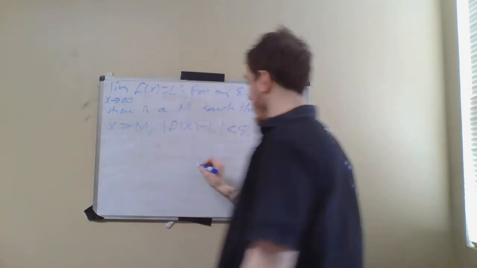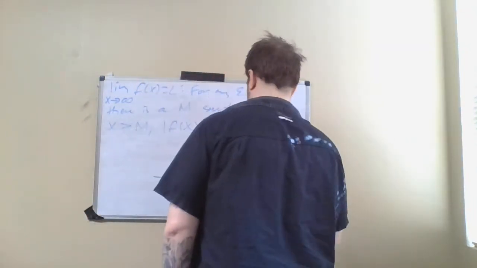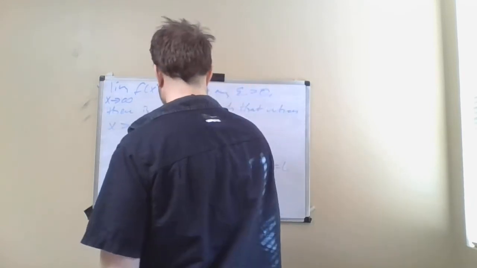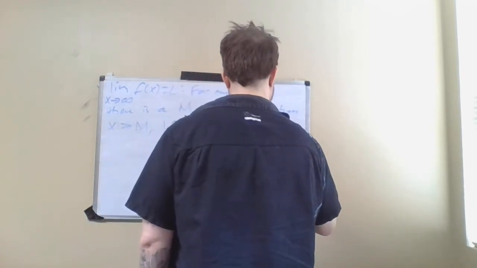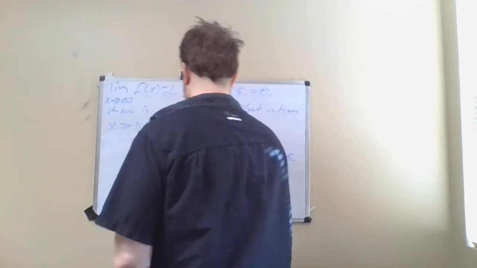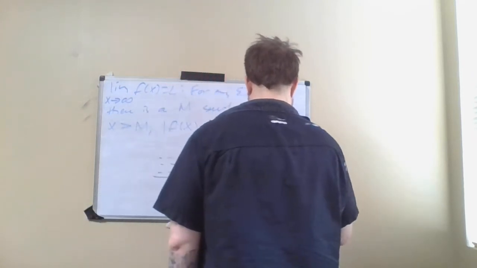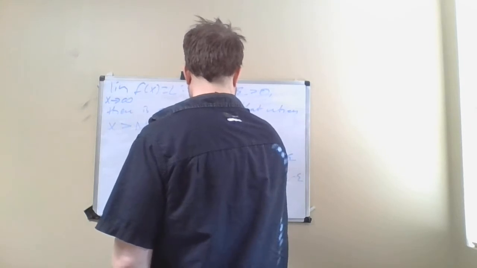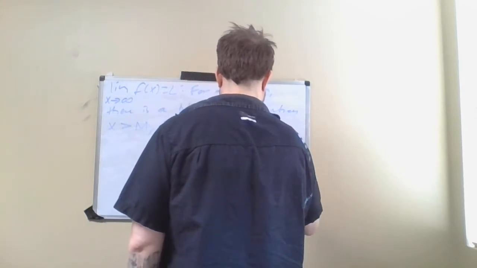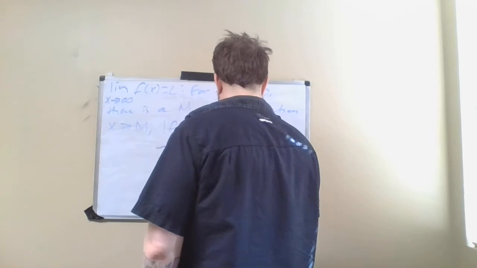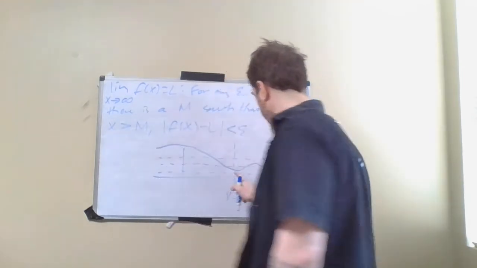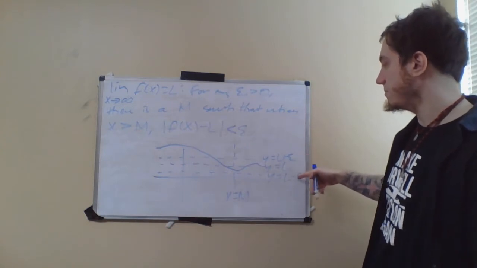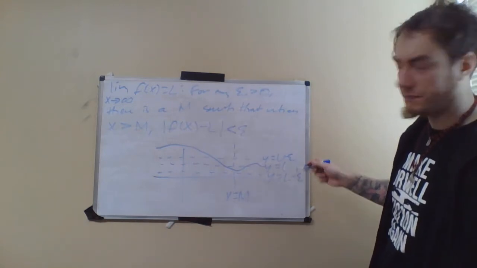So what does this mean? Well, here's my y equals L. Here's y equals L plus epsilon and y equals L minus epsilon. If I have some picture of my function here, it means that past m, my function is sandwiched in between L minus epsilon and L plus epsilon.